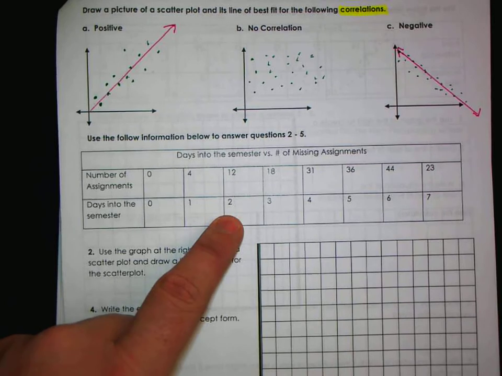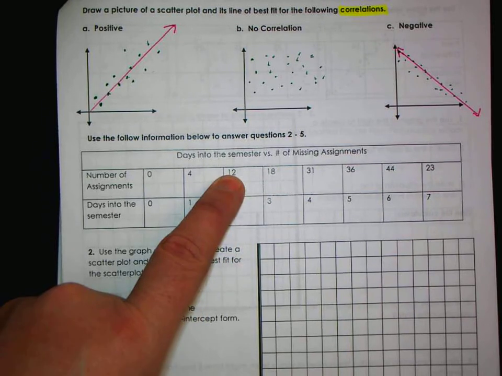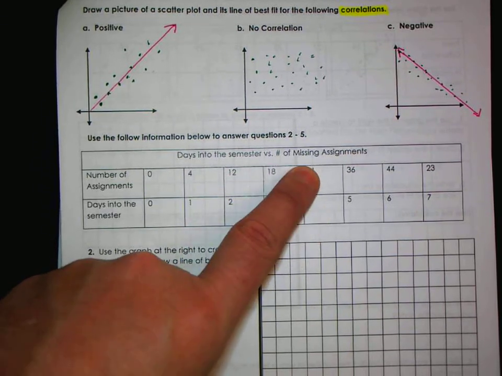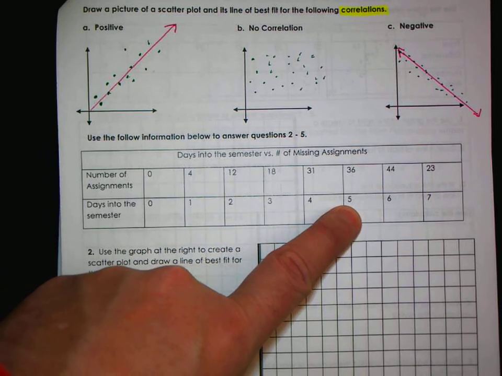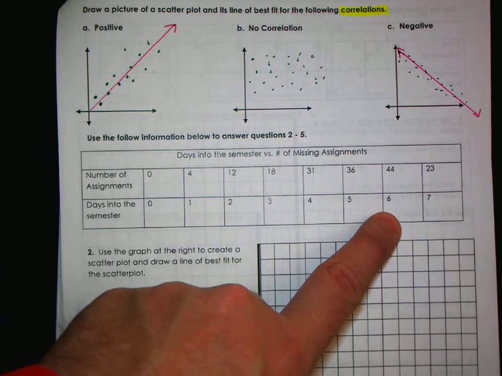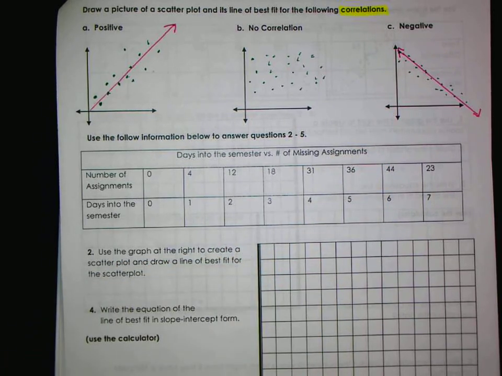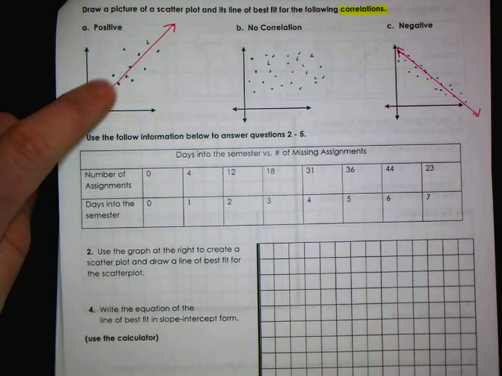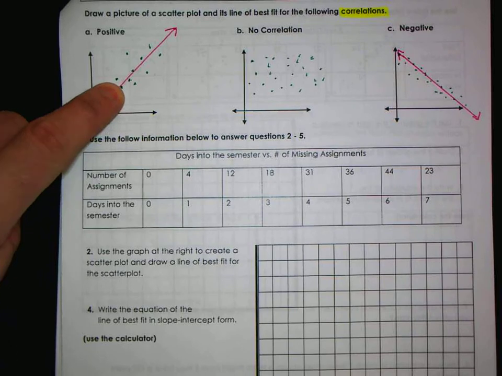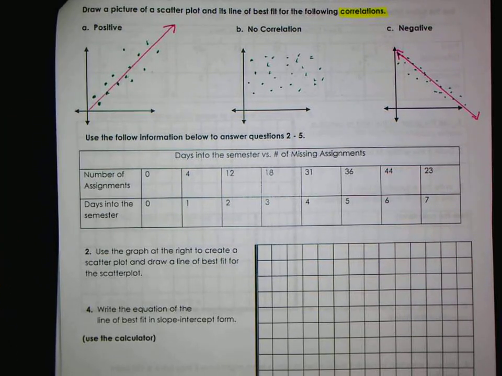After 2 days, the kid was missing 12. 3 days, missing 18. 4 days, missing 31. 5 days, missing 36. 6 days, missing 44. In general, as the number of days increases, so does the number of missing assignments. It's probably going to look like this, and it's going to have a positive correlation.